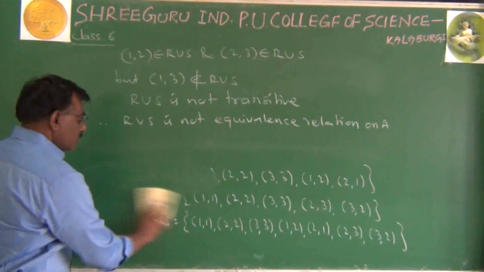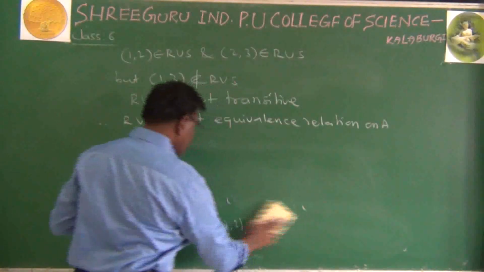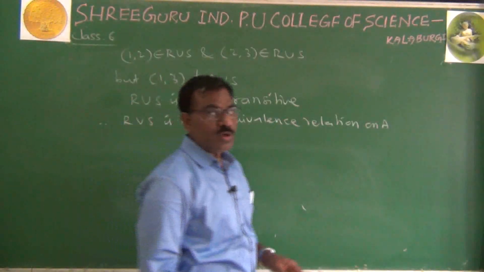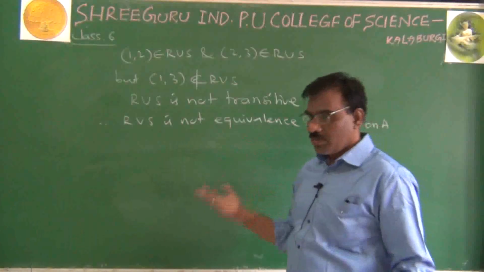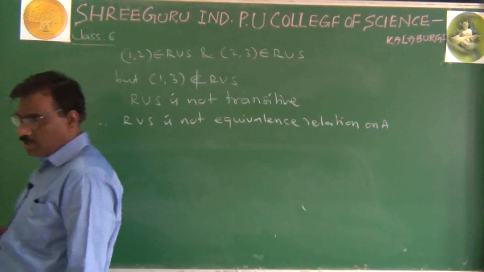Sometimes the question says the union of two equivalence relations is an equivalence relation, and again we have to prove the union is not an equivalence relation by giving an example. So I gave one example. Both R and S are equivalence relations on the set.